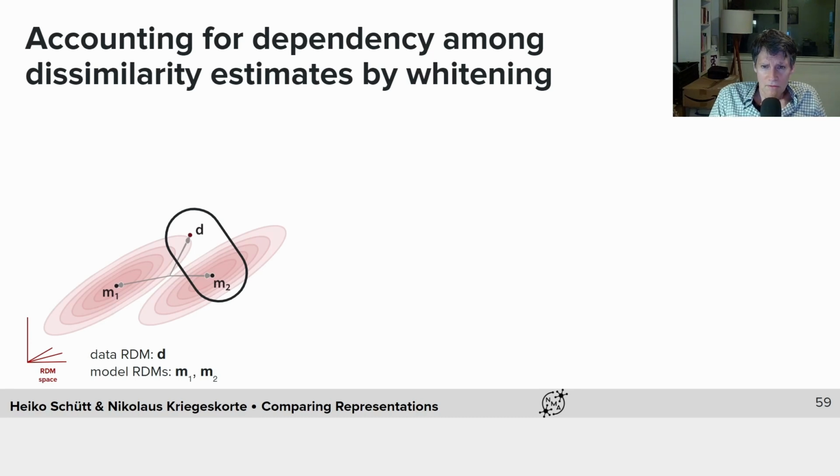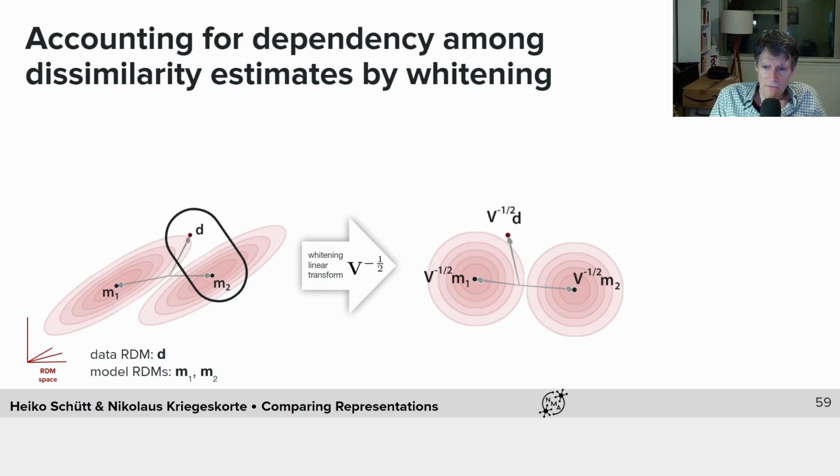We can deal with this in the same way as at the level of the neural responses, by whitening. We can perform a whitening linear transform that renders these RDM estimation error distributions isotropic. After doing that, we can trust the Euclidean distance or other simple ways of comparing RDMs, such as the cosine similarity or the Pearson correlation coefficient.